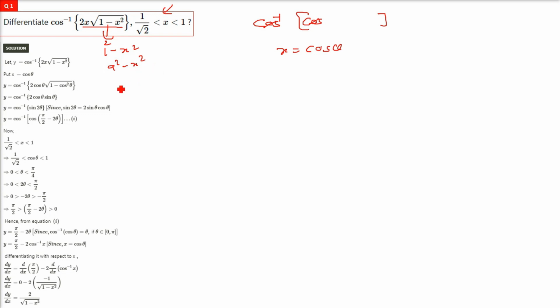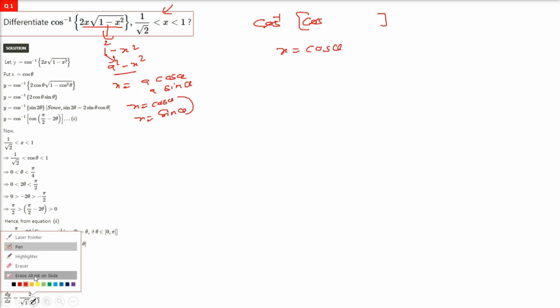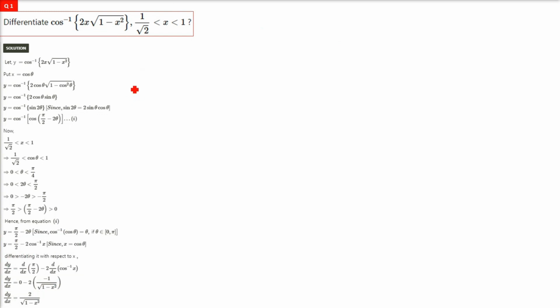In place of x, you can put a cos theta or a sin theta. A in our example is 1 only. So either you will put cos theta or sin theta, it's up to you. Alright? Because sin square theta is 1 minus cos square theta, and cos square theta is 1 minus sin square theta. So when we put this substitution, you are supposed to get this cos theta out of it, and then you can cancel this cos and cos inverse, and whatever is inside you can differentiate.